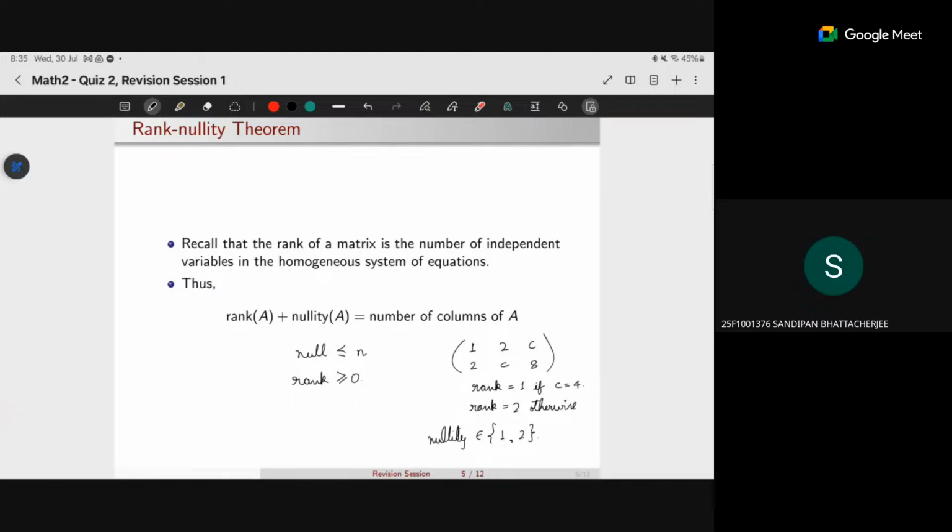So in this case, the minimum value of nullity is 1. Using the rank nullity theorem, you can deduce these things. Just using rank, you can comment on the nullity as well. Depending on the value of C, the nullity could be 1 or 2. This is what you can conclude.